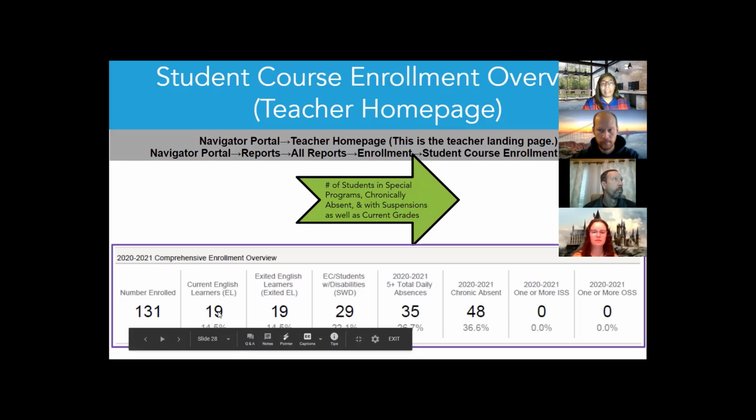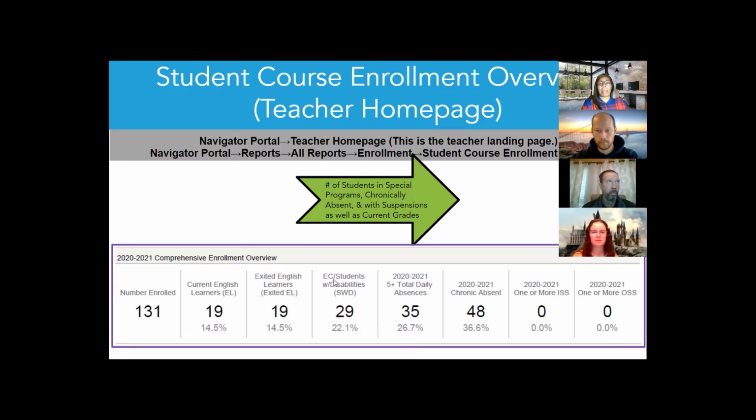We are working on getting them hyperlinked, so when you click on them, you actually can see those kids, but this kind of just makes you aware. In addition, for my current EL students and my current students with disabilities, I need to make sure that I know who those students are and that I am prepared, that I am meeting the needs of their plans.